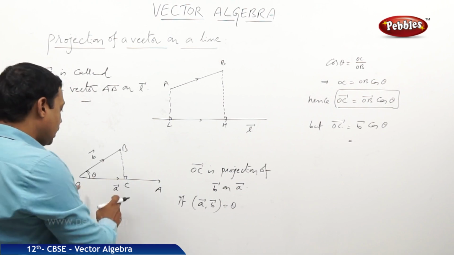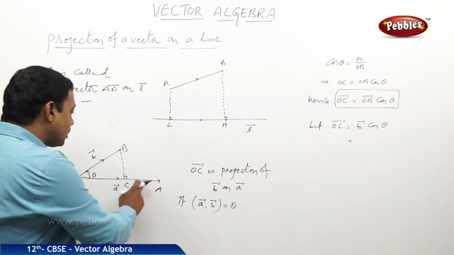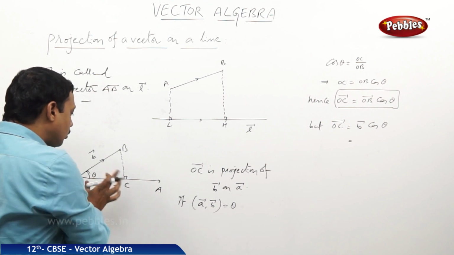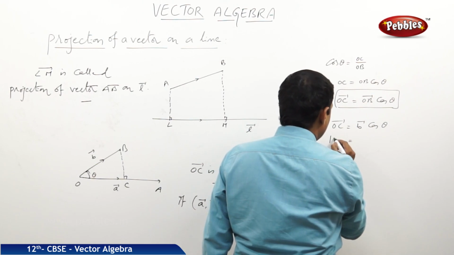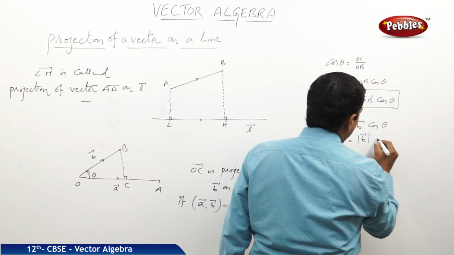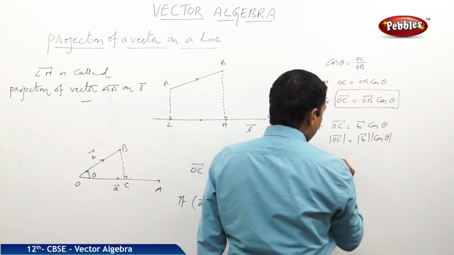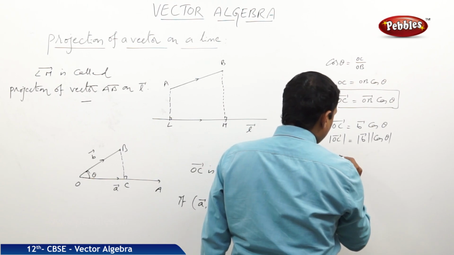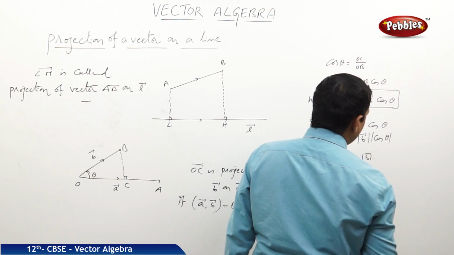You know, here OC is the length of the projection. While taking the magnitude, modulus of OC is equal to modulus of B vector into modulus of cos theta. Therefore, the length of the projection OC is equal to mod B into cos theta.